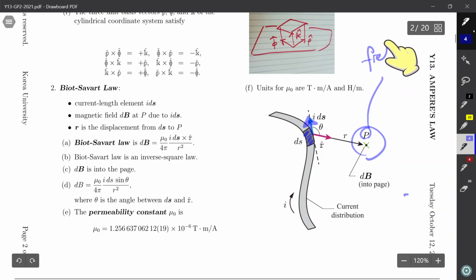Field point. Then there is a radius vector, R vector, that connects the current element to the field point. And we have a unit radial vector R hat.